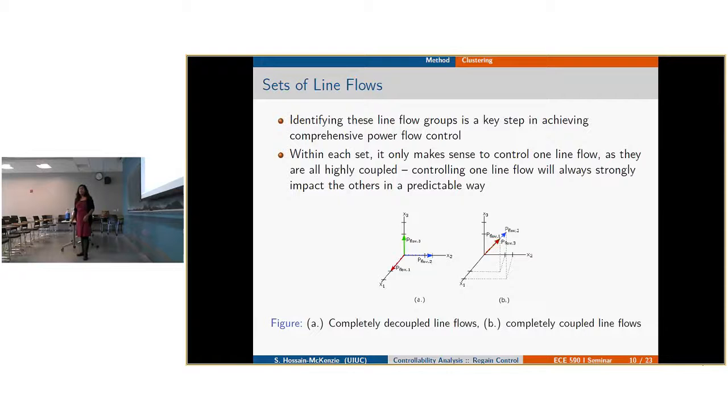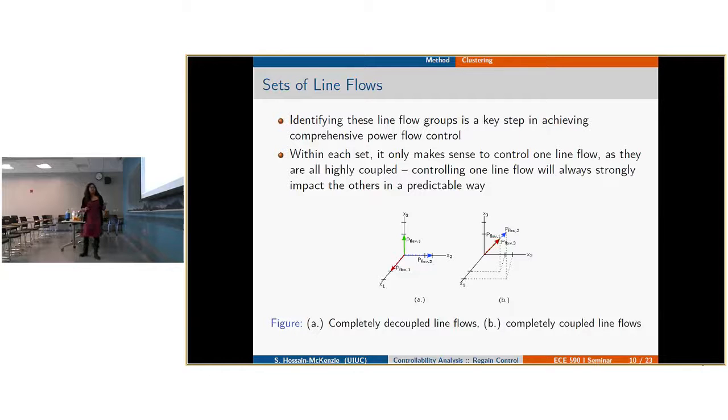Within each set of these line flow groups, we have a set of transmission lines that can be independently controlled. Within the group, they are highly coupled, so changing or controlling any line within that group will impact all the others in that group in a predictable fashion. And each of these clusters are going to be highly independent of each other.